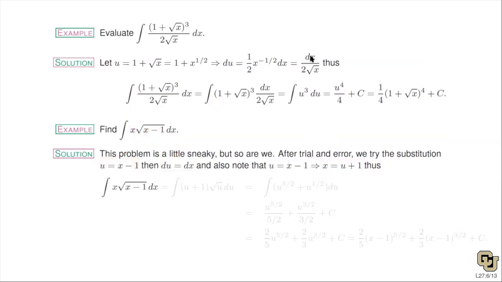Here's all of that. So, keep in mind the x minus 1 I'll replace with u. The dx I'll replace with du. And here, this is a little tricky. This x I replace with u plus 1. So there's the u plus 1 from the x.